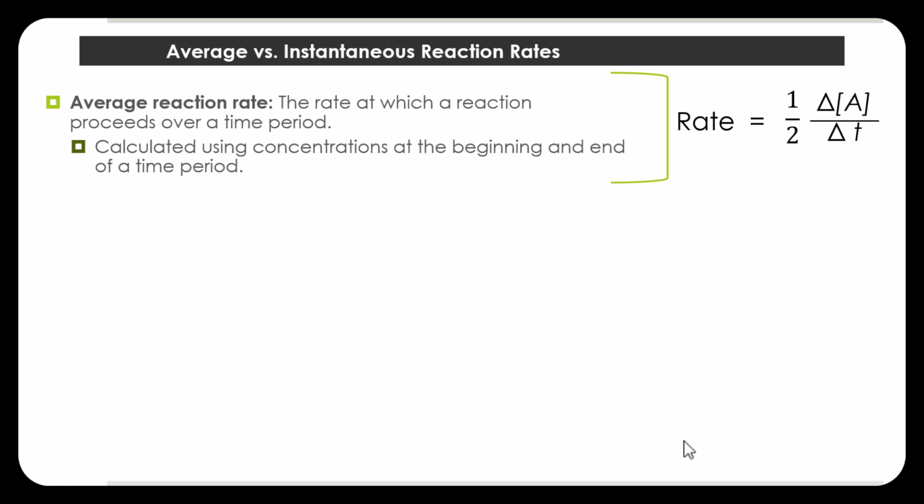I may say the average time it took me to get to Raleigh was an hour and a half, so my speed was on average like 60 miles per hour. So the average rate of my travels was 60 miles per hour.